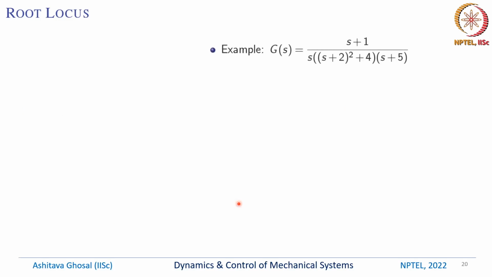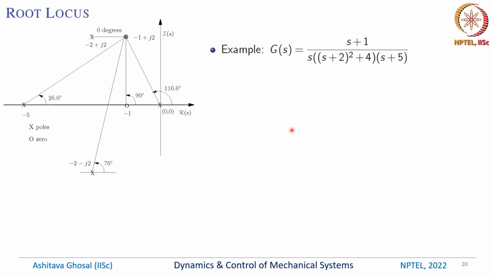So let us pick an example. G(s) is arbitrarily chosen as (s plus 1) divided by s times ((s plus 2) whole squared plus 4) times (s plus 5). So what are the poles?